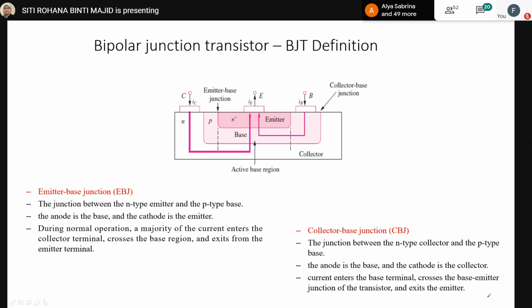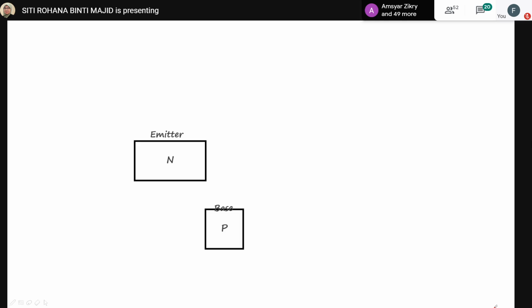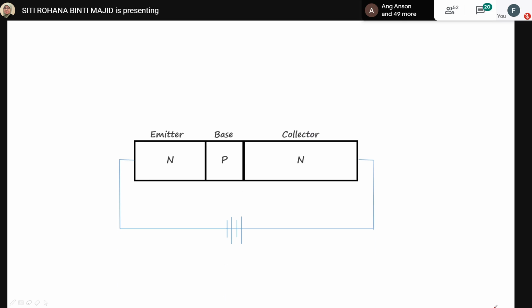So the next part, I want to show the influence of the NPN junction. We will discuss the essential reverse bias PN junction, and you should know the behavior of electrons and holes for the PN junction.